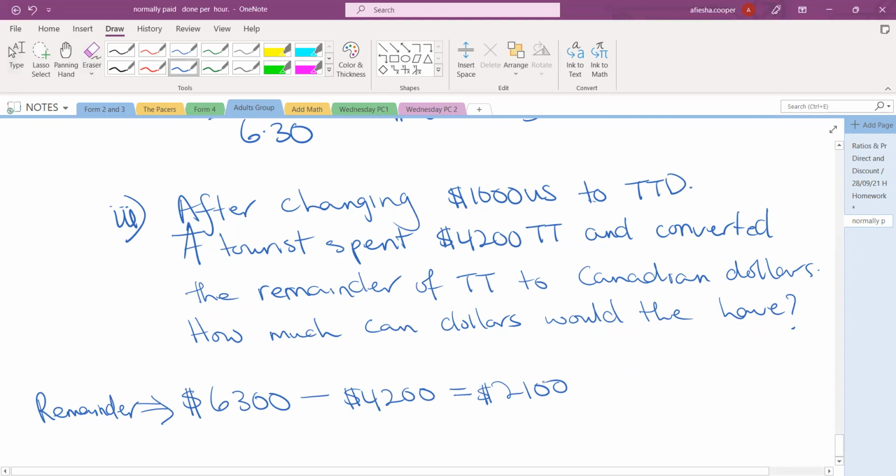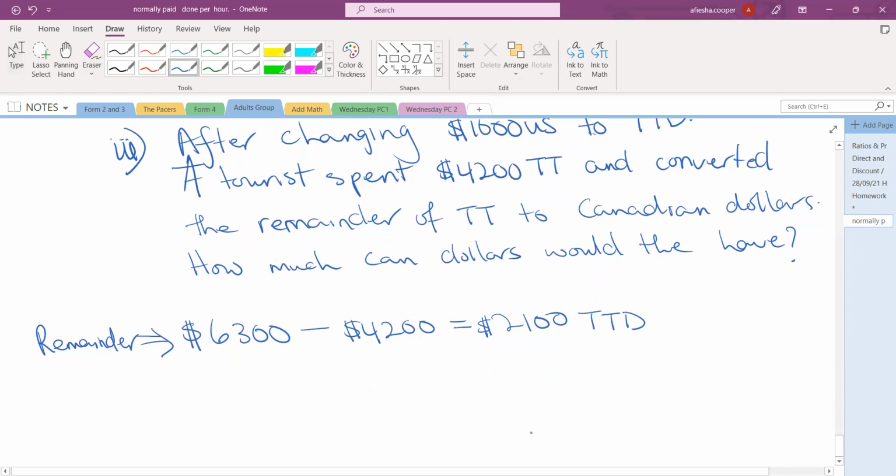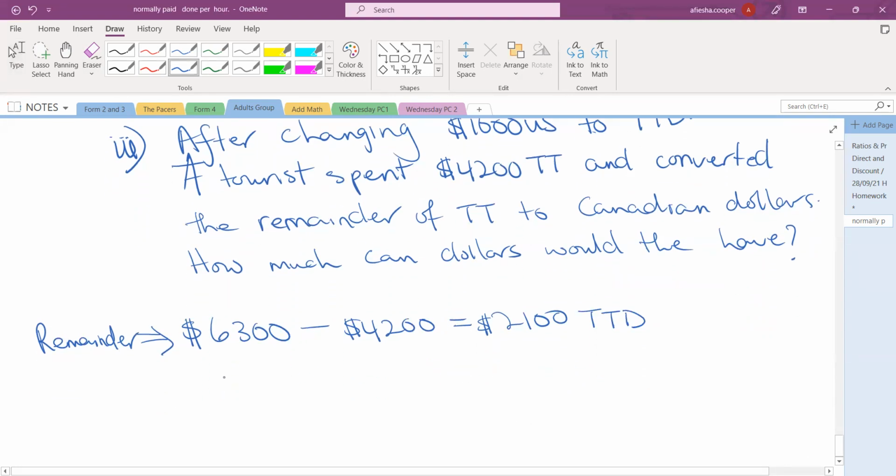And they are now converting this $2,100 TT to Canadian dollars. So we go back to the TT Canadian. So 1 Canadian is equal to $4.90 TT dollars.